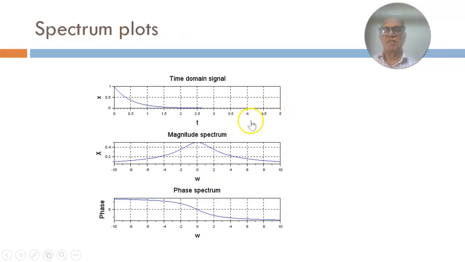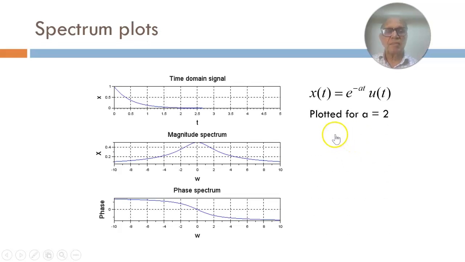So let us look at the spectrum here. This is our exponential pulse, which is plotted, x(t) equal to e raised to minus at u(t). We have plotted only for the positive values of time. So this is how it will look. And for the magnitude spectrum, we have already said that as the frequency increases, the magnitude decreases, and clearly this will happen for the positive frequencies as well as negative frequencies, because you got omega squared in the denominator.